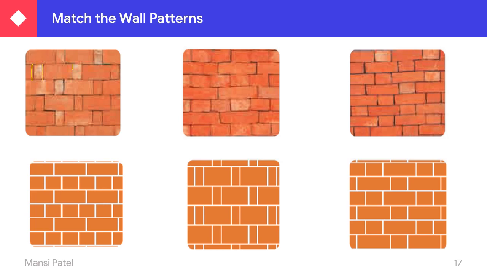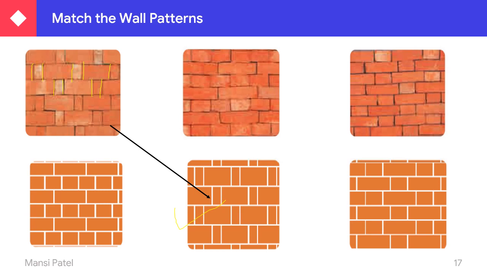In all the gaps you have to make designs, and after that, with the help of this design, you can find out their pattern. So the pattern of the first brick looks like the pattern of the second. So this is the correct answer.